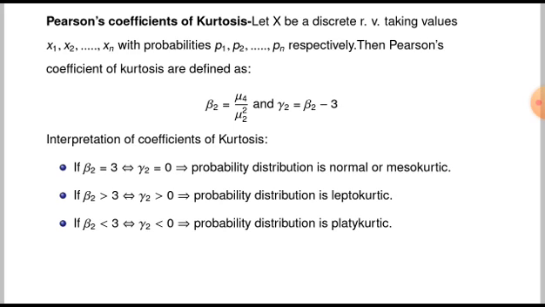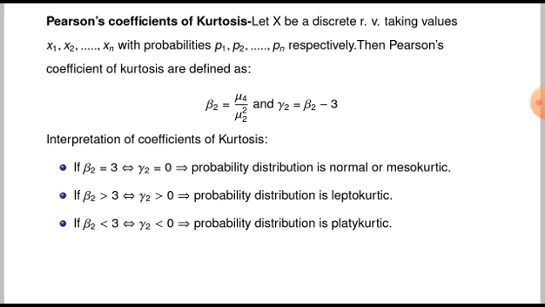So in this way we can use these four coefficients beta 1, gamma 1, beta 2 and gamma 2 to comment regarding skewness and kurtosis of the probability distribution.